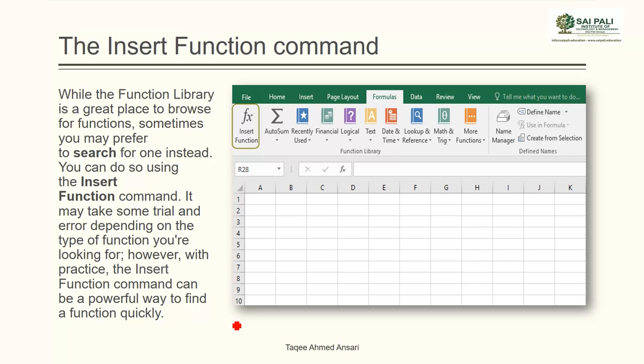Suppose I want to do something, but I don't know exactly what function I can use. I don't know the name of the function, and I don't even know whether the function exists or not. Finding a function for some specific task can be very difficult, because there are categories but still lots of functions.